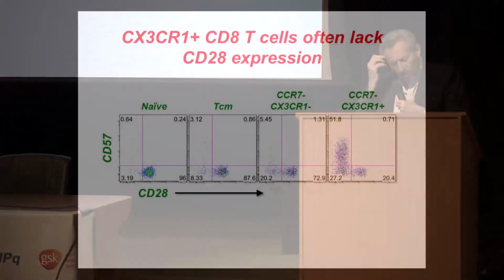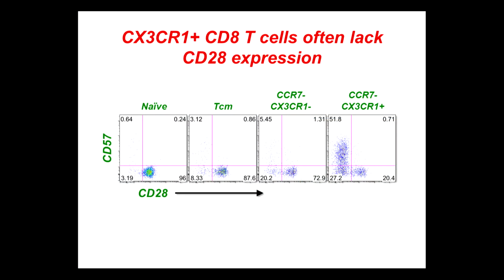The reason that I think another mechanism is likely important for the activation of these cells is that these terminally differentiated cells only infrequently express CD28, which is the co-receptor for T cell activation through the T cell receptor. Here on this panel on the far right, you can see the CX3CR1 positive cells that are CCR7 negative frequently express CD57, but only infrequently express CD28.